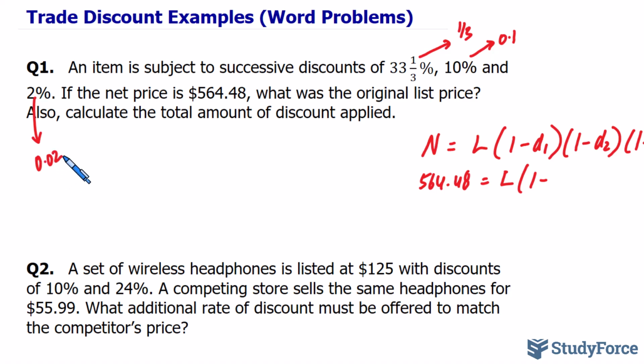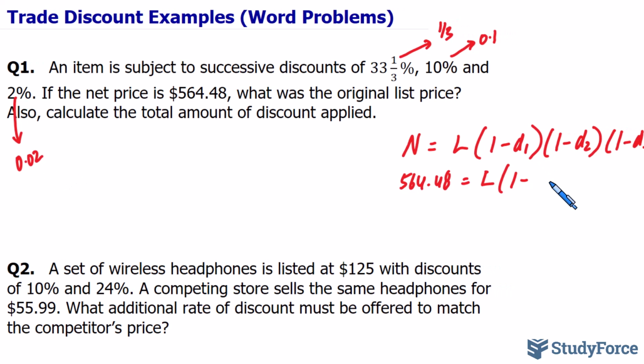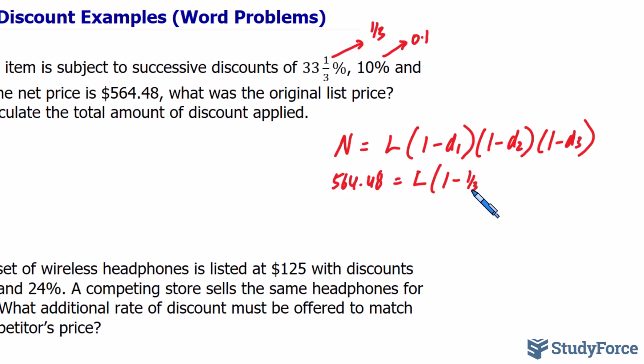So let's go ahead and substitute those values into the lowercase d values. 1/3, 1 minus 0.1, 1 minus 0.02. So what we have to do here is solve for L, and the very first thing that you can do is find out what this is equal to.